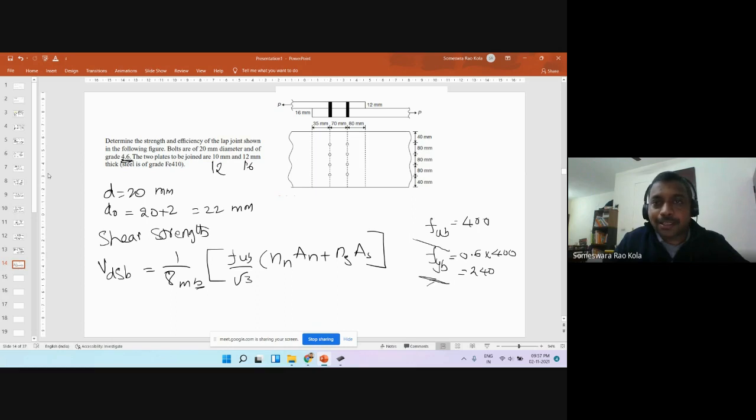When the entire bolt is threaded, the shear plane is obviously going to pass through the threaded region. So n_n will be 1, n_s will be 0. Correct. Now we have to find A_nb and A_sb. So first, what is A_sb?